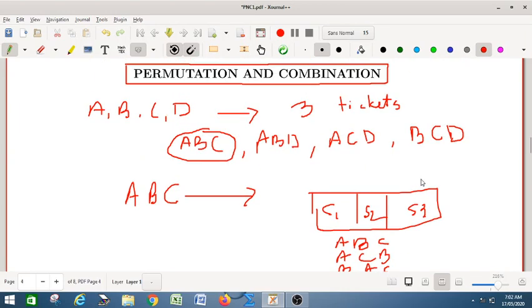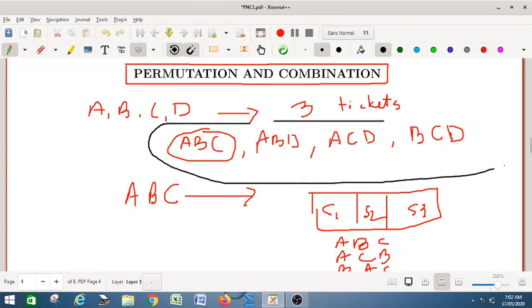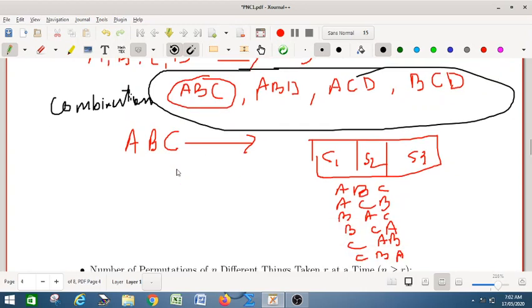I have a very practical problem. In the first case, where you are selecting the friends, this is actually selection or combination. There is no arrangement. This is combination, selection or grouping.